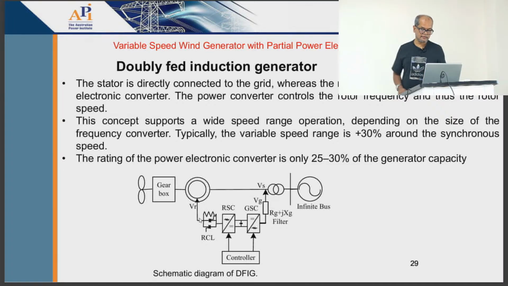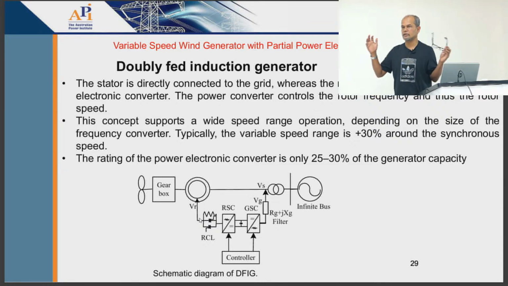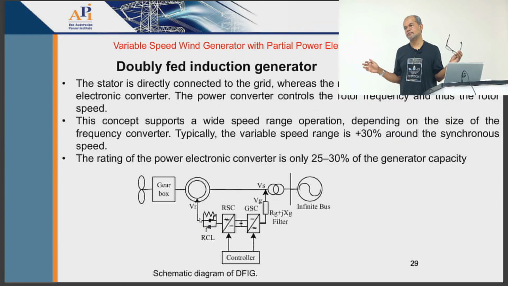Because in that case, for example, if your wind turbine is 10 megawatt, then you need 10 multiplied by 0.3, so the converter capacity will be only 3 megawatt, right? Because the converter is quite expensive and very sensitive. If there is a disturbance, there is a possibility that it can be damaged.